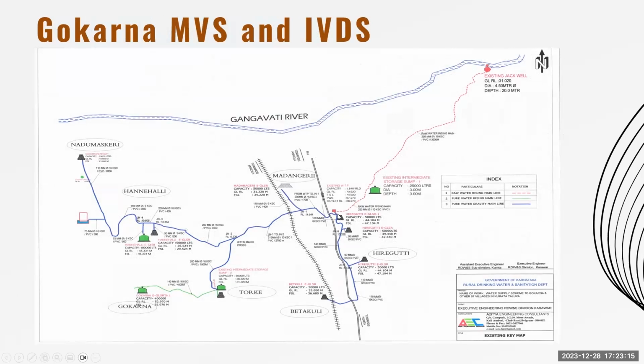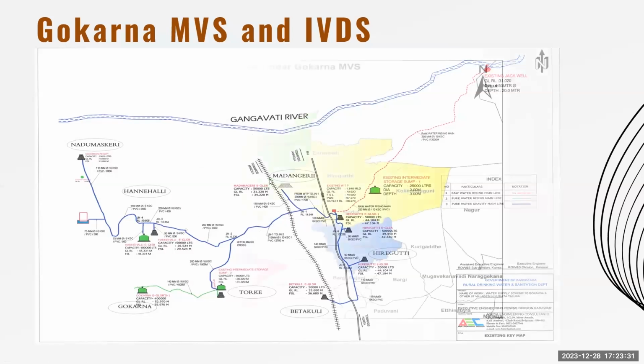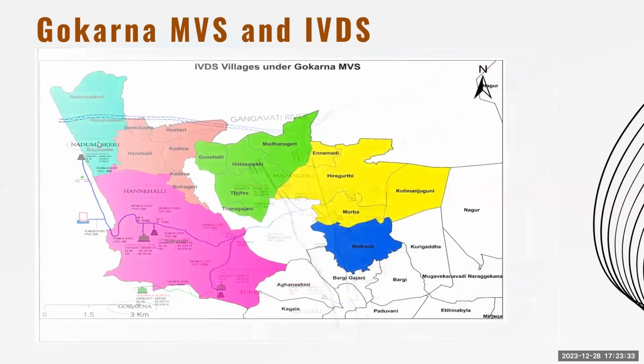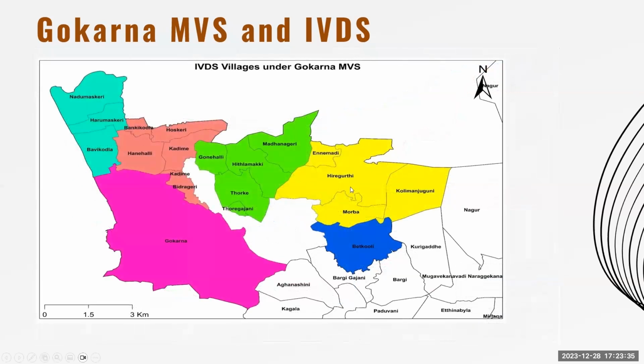From there, they currently supply water to 6 gram panchayats through these blue distribution lines. We will take this example, and this is the map of it. These are the villages and gram panchayats where the water is supplied.